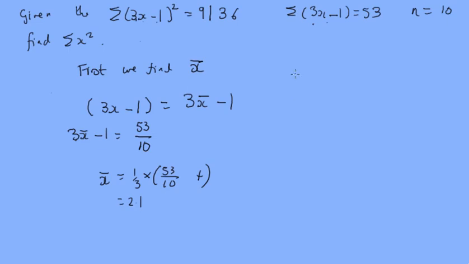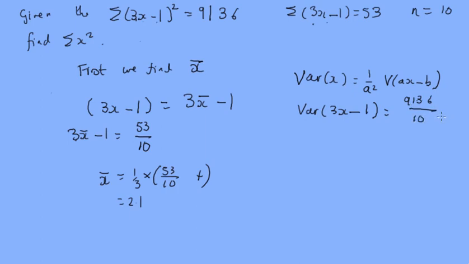Now we know that the variance of x is 1 over a squared times the variance of ax minus b. So the variance of 3x minus 1 must be 9,136 divided by 10 minus 5.3 squared.